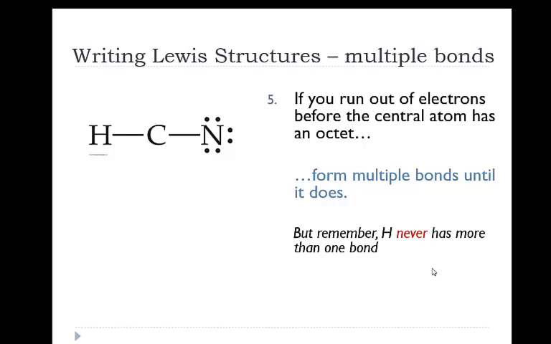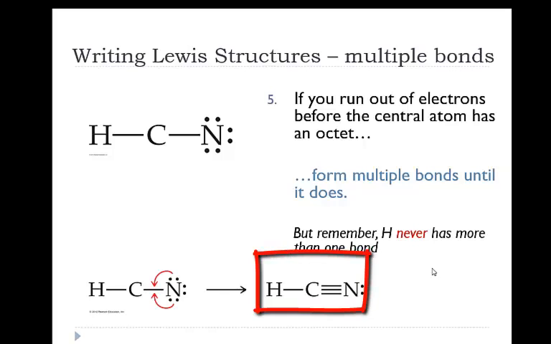Remember, hydrogen never has more than 1 bond. It never has any lone pairs on it. So we're moving 2 electron pairs from the nitrogen, and we have the structure there in the bottom right, where we have a triple bond between the carbon and the nitrogen.